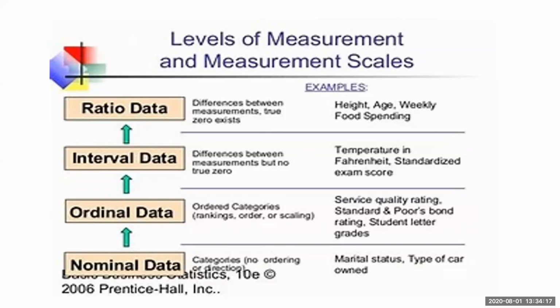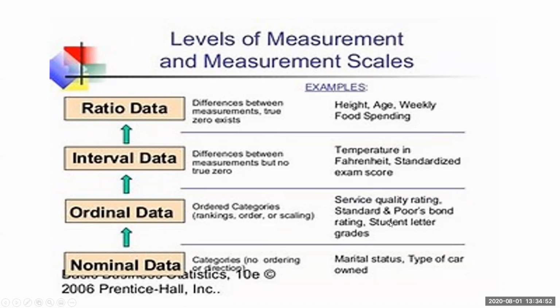So here's a chart of the levels of measurement with the nominal level at the lowest quality. And then the ordinal is better, and the interval is better than that, and the ratio is the best. They have some examples here in the chart. For nominal variables, you might have the type of car that you own, or marital status.